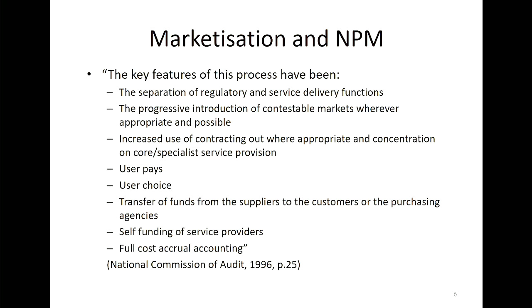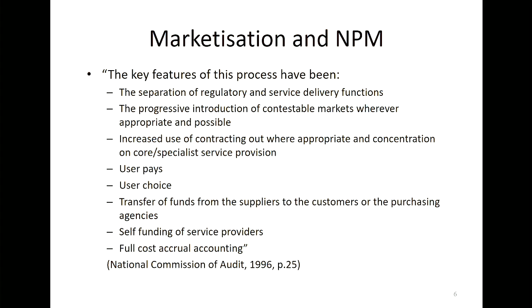So the key features of this process involve various aspects. It involves the separation of regulatory and service delivery functions. Once separated, the government can focus on regulation, and the service delivery functions can be outsourced to private sector providers.